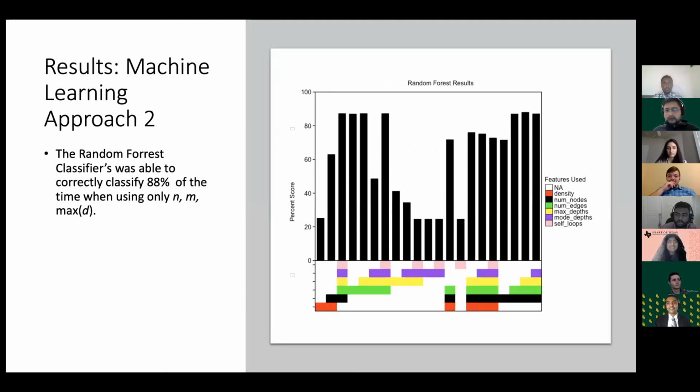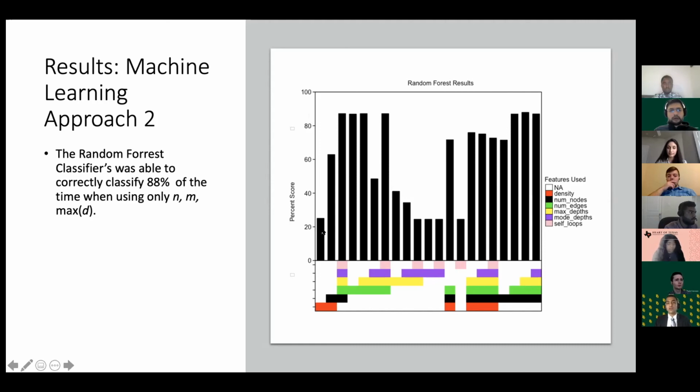For our second machine learning approach, we had much better results, much nicer and cleaner. Our random forest classifier was able to classify those fake runs correctly 88% of the time when using just n, m, and maximum depth. Here on the graph on the right, you can see which features were used and what score the classifier was able to obtain using just those features.